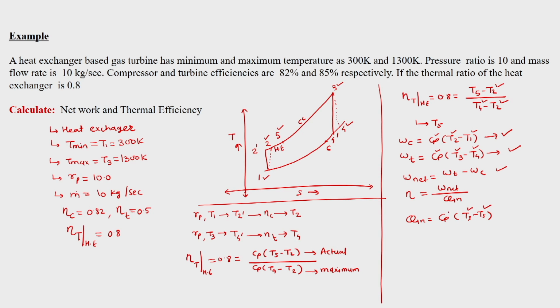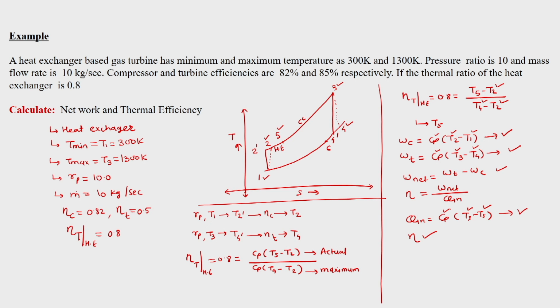So we know T5, T3 and Cp, so we know Q in. Putting in the Q in, we know the efficiency of the thermal power plant. Basically, with or without the heat exchanger, the net work would not have got altered. What has got altered is Q in. Since Q in has decreased, efficiency would increase. So this is how we have to solve the examples with non-ideal components.